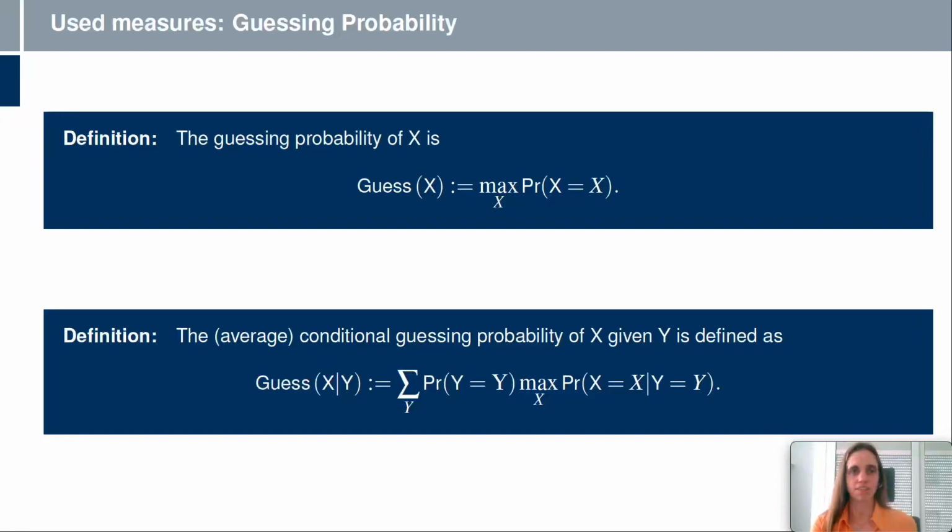And with this guessing probability, we can build the average conditional guessing probability of a random variable x given y. And this is the sum over all possible values y can take, multiplied with the probabilities for my x, depending on this particular y.